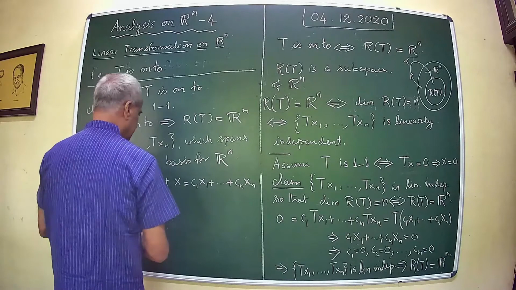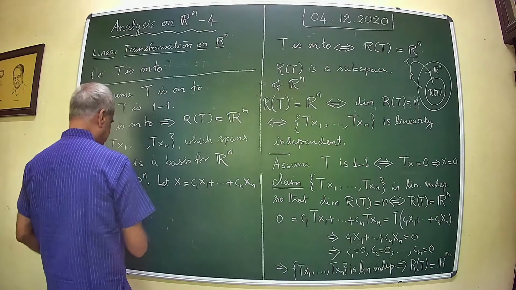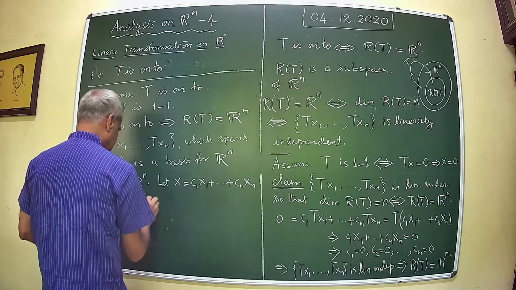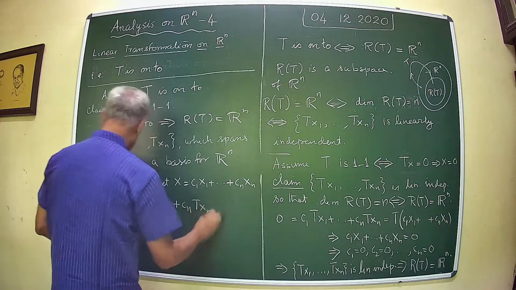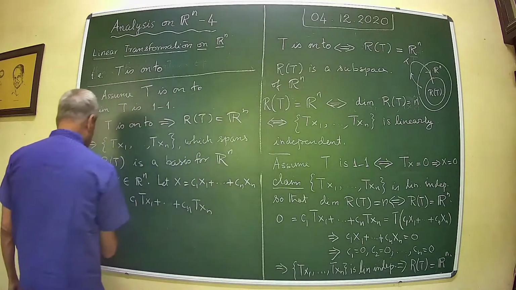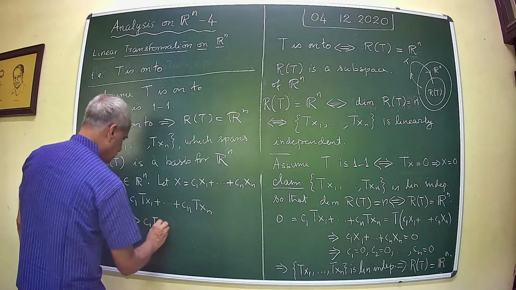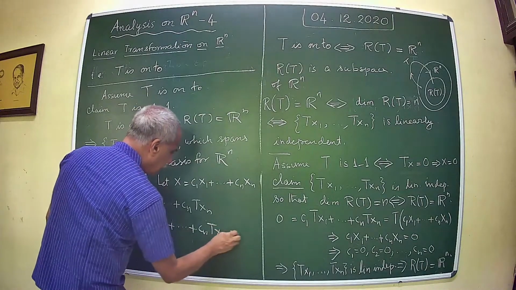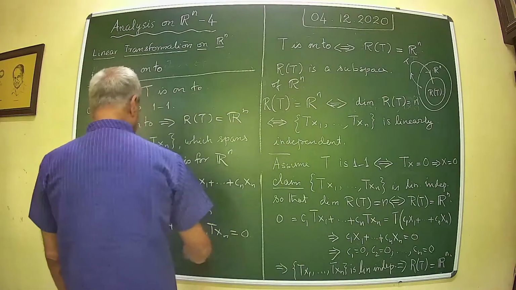Well, I am skipping one step at this stage, and you can easily show that. Therefore, Tx equal to 0. Now this is a basis.